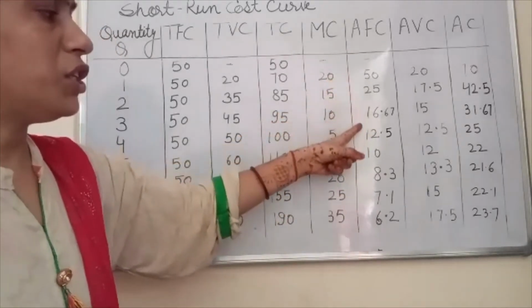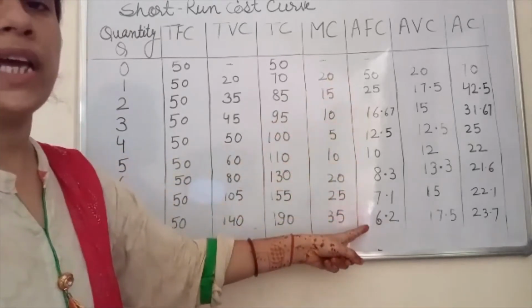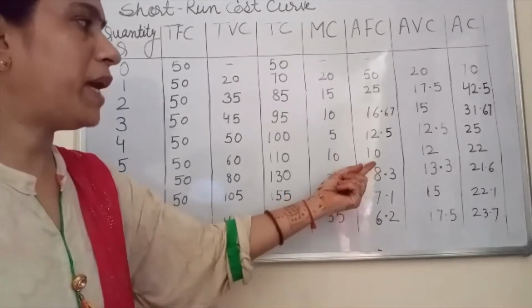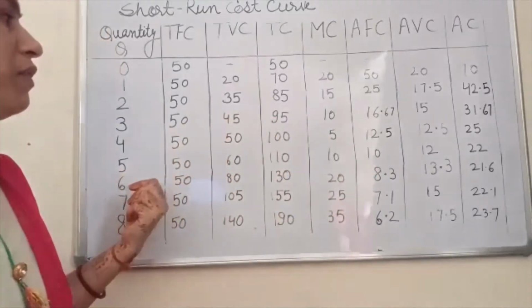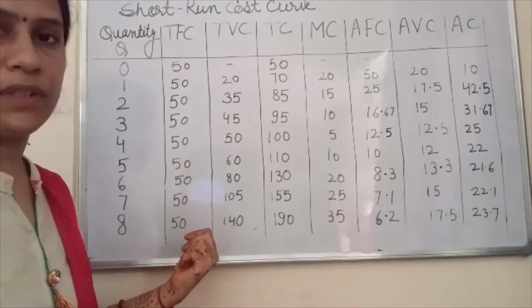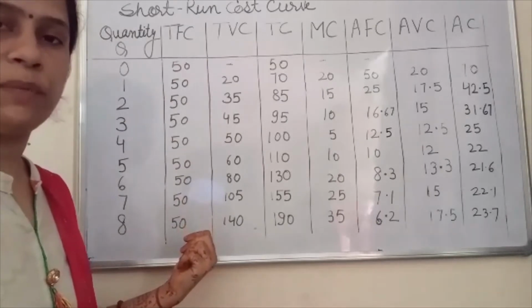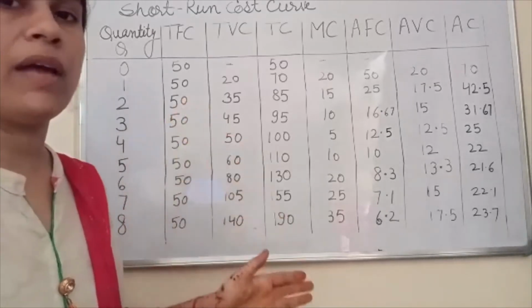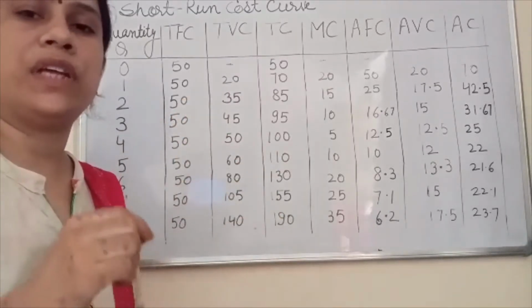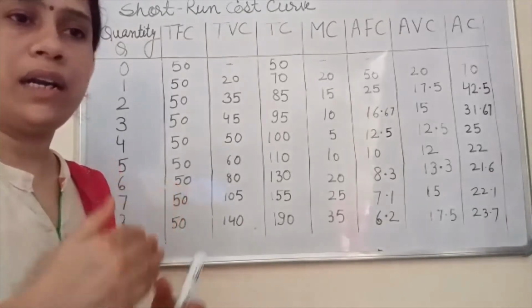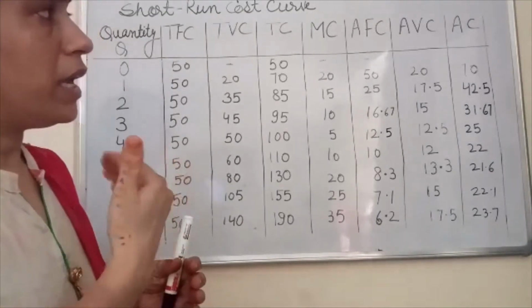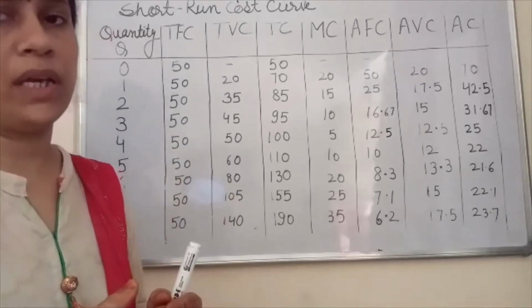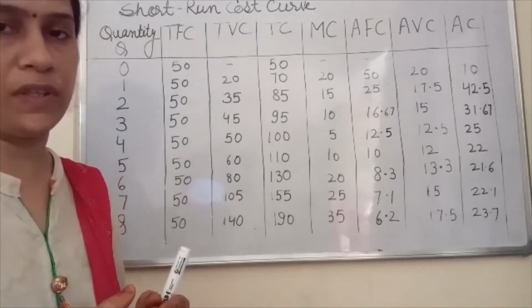AFC is continuously decreasing, so the diagram of AFC is a rectangular hyperbola, because when we multiply AFC with quantity, we will always get TFC, that is equal to 50 here. So it makes a rectangular hyperbola, meaning the area under every point of that curve will always remain the same, and it is equal to 50, that is TFC.